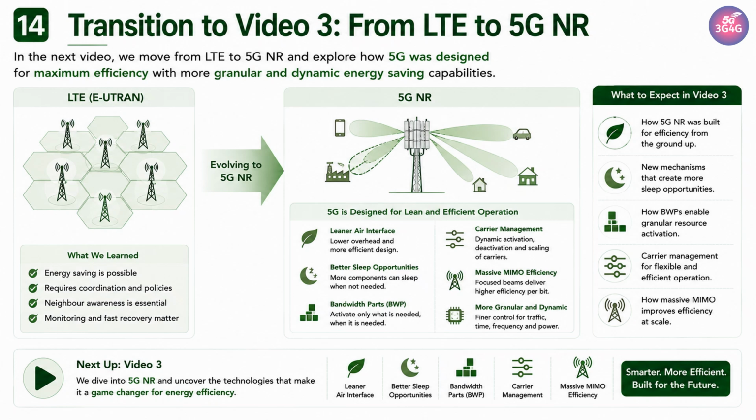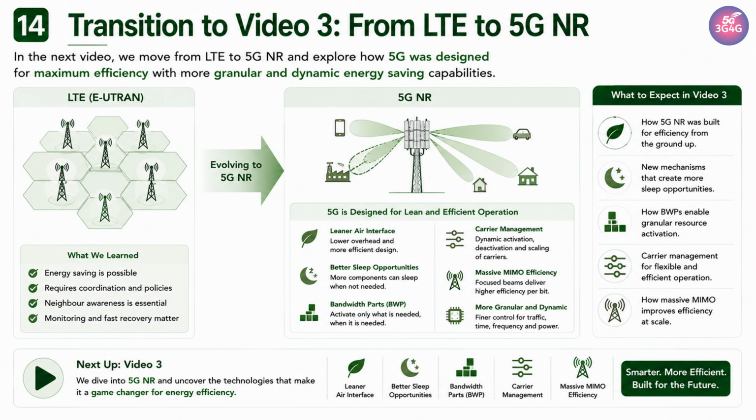We also looked at OAM-based and signaling-based control and why Release 12 studied E-UTRAN energy-saving enhancements in more detail. The most important lesson is that energy saving is not simply about switching things off. It is about switching off the right resources at the right time, in the right place, while maintaining the right coverage, mobility, and user experience.